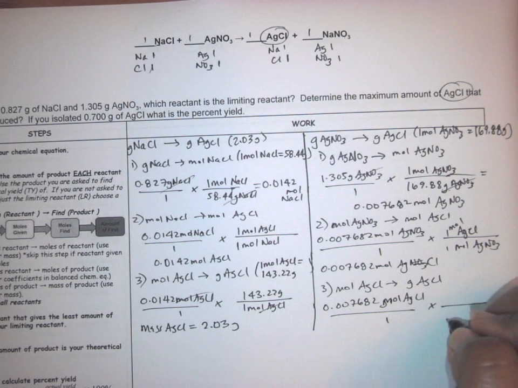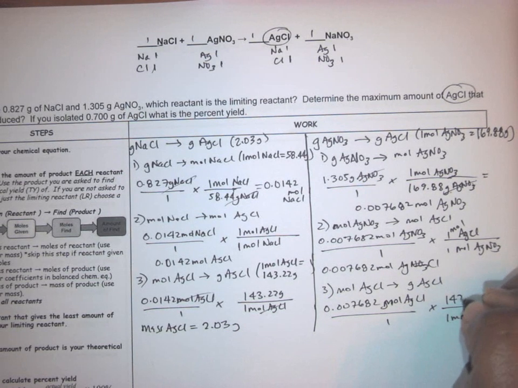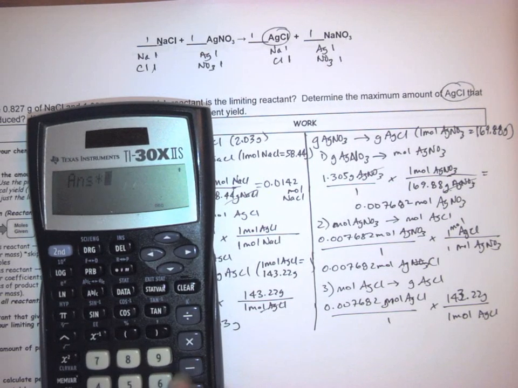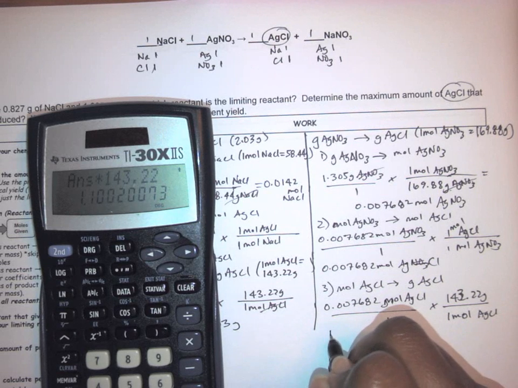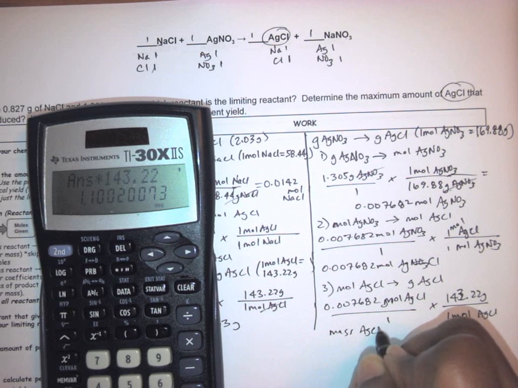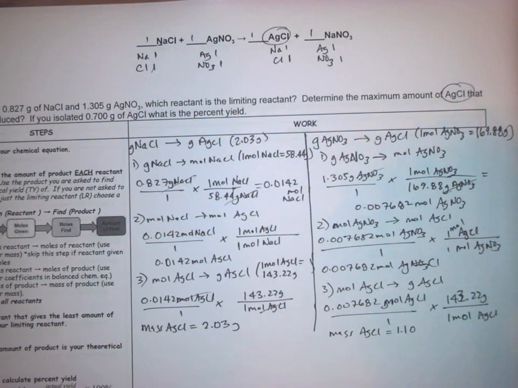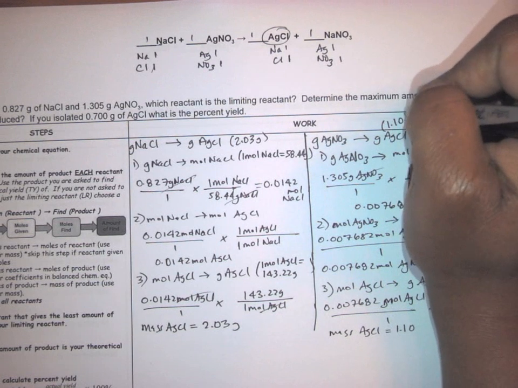So 1 mole AgCl goes on the bottom, and 143.22 grams go on top. We get 1.10. So for this process, it gives us 1.10 grams of AgCl.